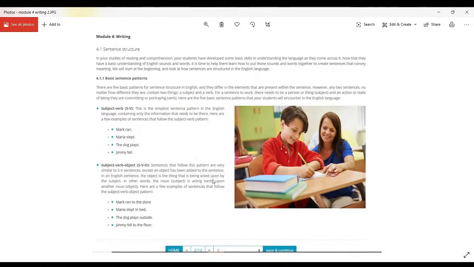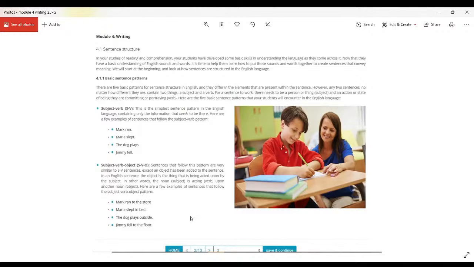Sentences that follow these patterns are very similar to subject and verb sentences, except an object has been added to the sentence. In an English sentence, the object is the thing that is being acted upon by the subject. Okay, so in other words, the noun or the subject is acting verb upon another noun, which is the object.